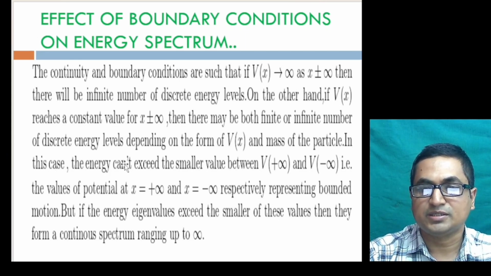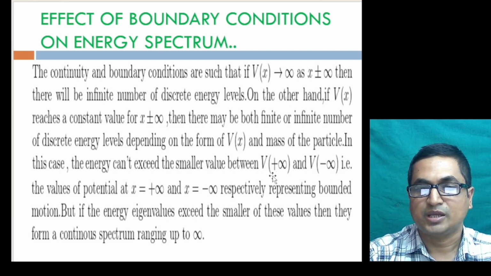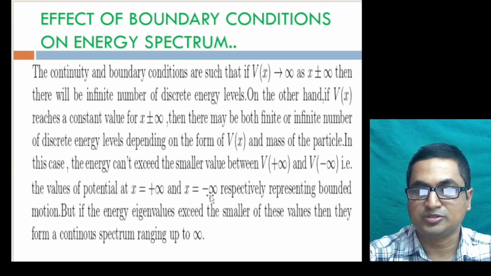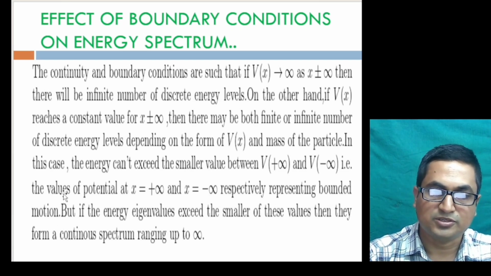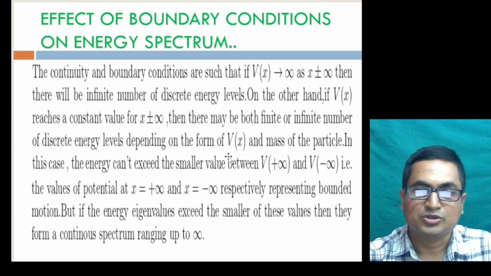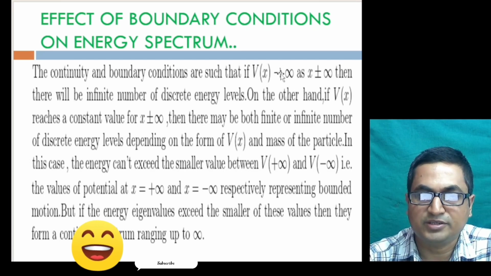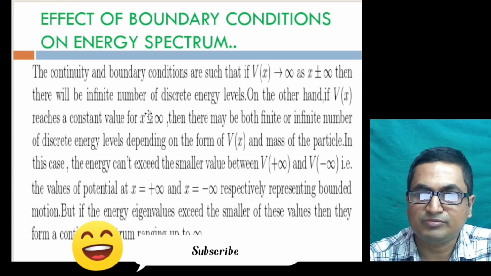In this case, if the energy cannot exceed the smaller value between these two, that means the energy will be within the value of the potential at x equal to plus infinity and minus infinity, thus leading to a bounded motion for the system. But if the energy eigenvalues exceed the smaller of these values, then they will form a continuous spectrum ranging up to infinity.